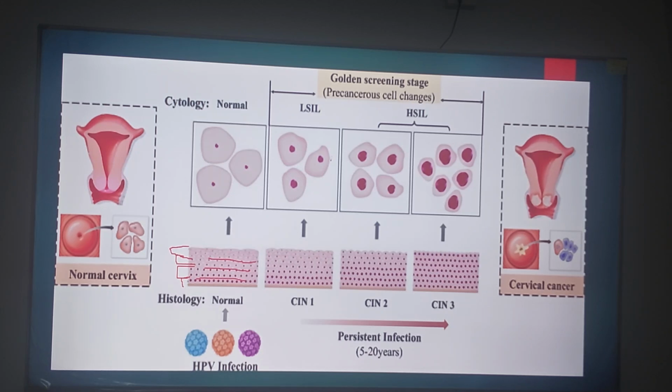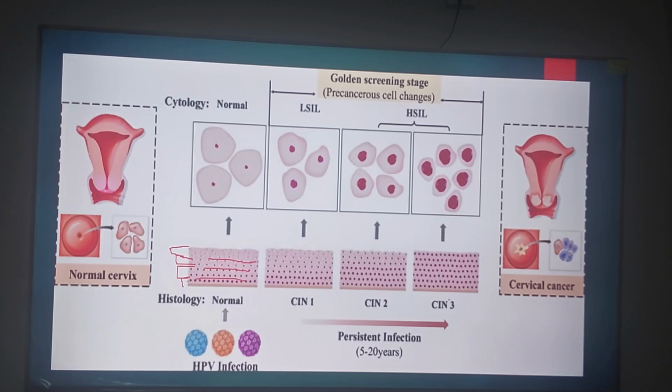When we diagnose human papillomavirus or other atypical cells, we classify them in stages, CIN1, CIN2, CIN3. The normal cells are compared to the low squamous intraepithelial lesion. Now this CIN1 is called low squamous intraepithelial lesion, and CIN2 was the previous term.